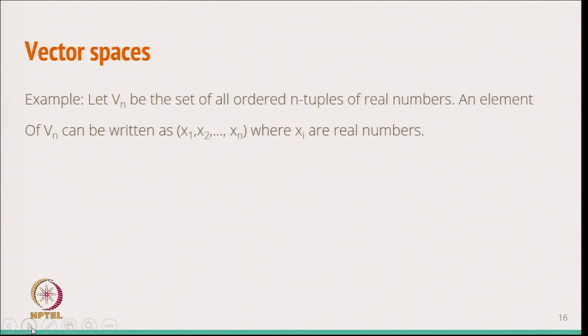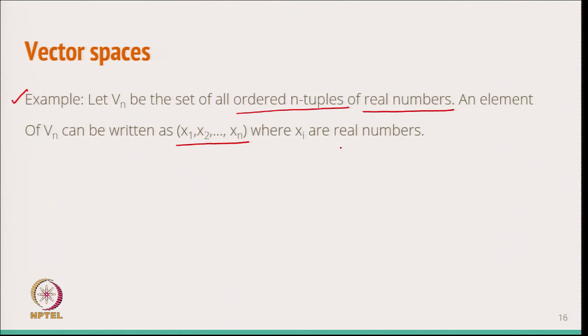So, for example, here is a very important vector space we are going to define. Let Vn be the set of all ordered n-tuples of real numbers. I am defining it with real numbers now. An element of Vn can be written as this n-tuple where the xi are reals.